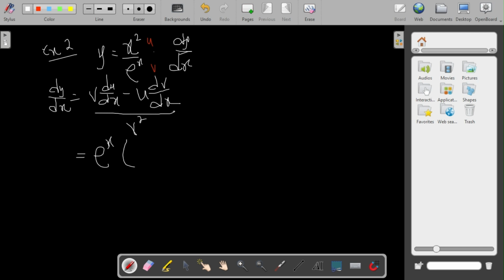Then in brackets, your u is x squared. But when you check this out from the formula, it's du/dx. So when you differentiate x squared, you're going to get 2x. Now, if you have this minus, what's your u? Your u is x squared. So I'm going to be having x squared directly here.